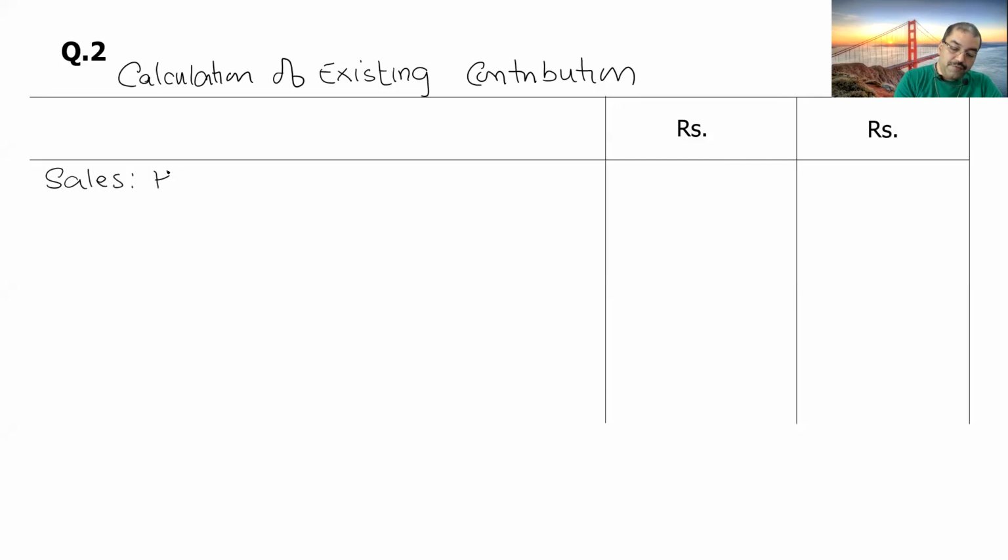Sales of H, 2 lakh units at 25 rupees per unit, 50 lakhs.